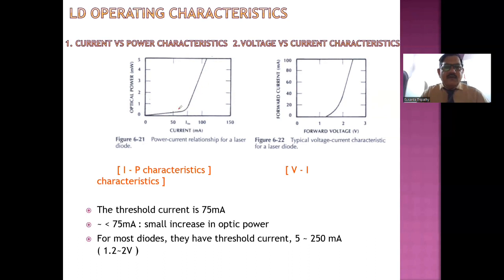If you consider the total graph, it is not perfectly linear. Therefore, the linearity of a laser diode is not as good as that of a light emitting diode.